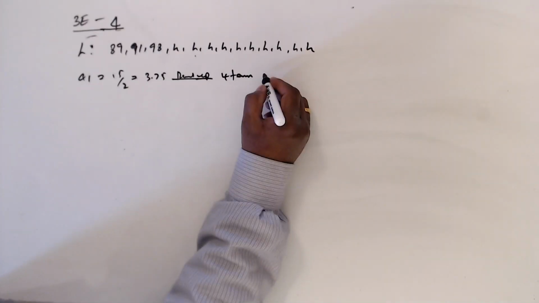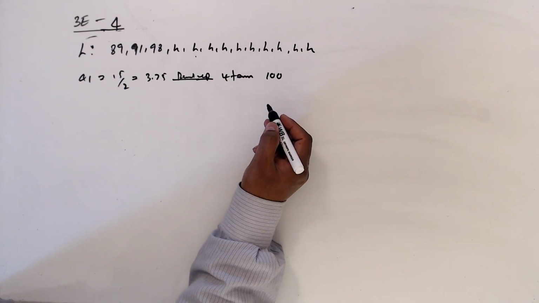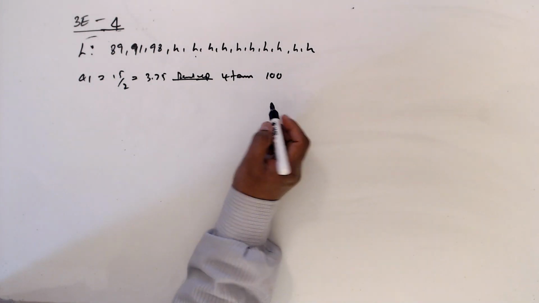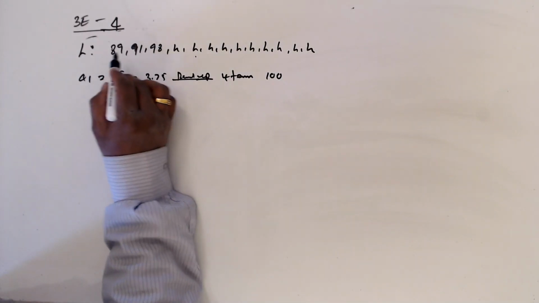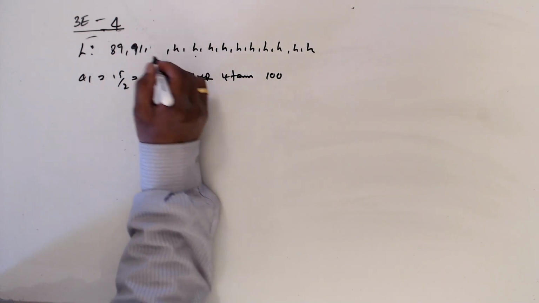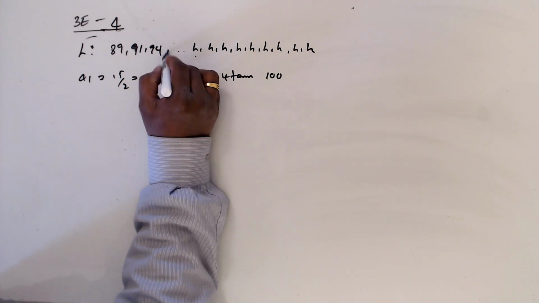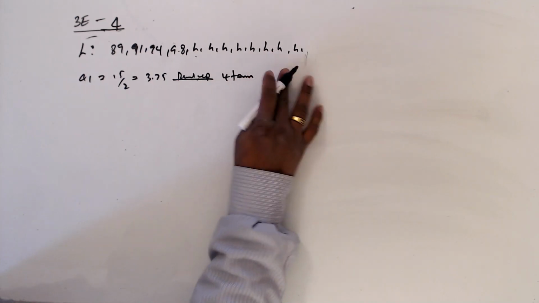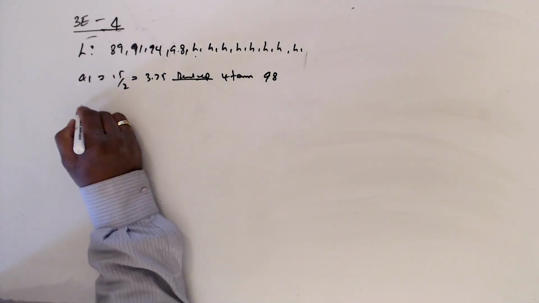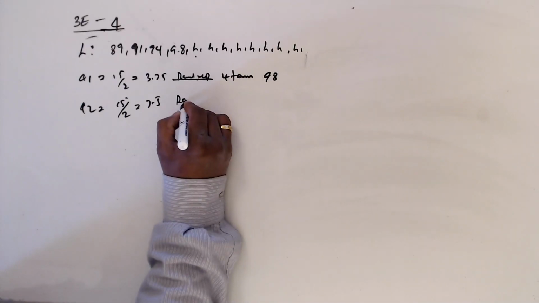So the first term, 1, 2, 3, 4, it is 100. Fourth term, I think 89, 91. I missed one. 94 and 98. 15 values. Now it is 98. And Q2 is 15 divided by 2, 7.5, round up.